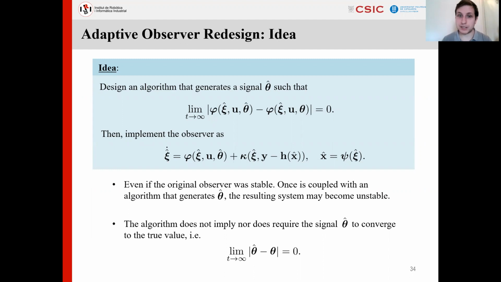If you are able to find this algorithm under some assumptions, you can design the observer using this theta hat estimation, and under some conditions show that the state estimation converges to the true value. This is a pretty powerful solution. The only thing that remains is how to design this algorithm that generates the parameter estimation. And this thesis explores two approaches: one that is referred to as direct adaptive observer redesign, and another that is referred to as indirect adaptive observer redesign.